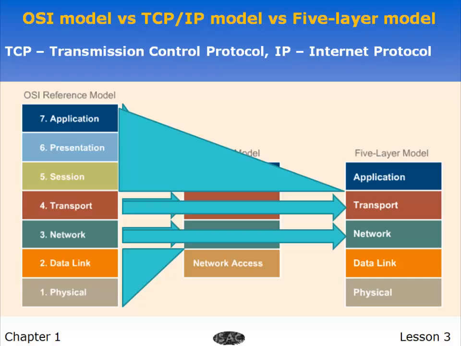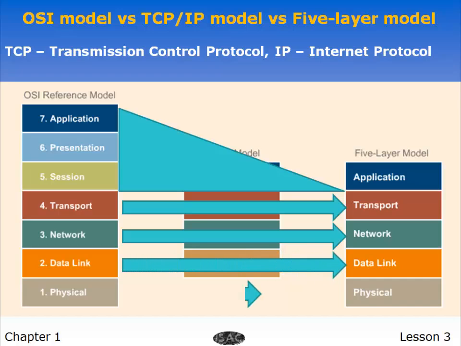In the 5-layer model, we keep the data link and physical layers as they were in the OSI reference model. So this is the common model of networking reference. In future we will describe this 5-layer model.